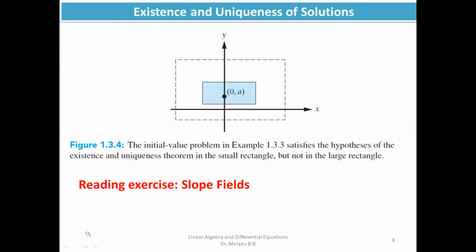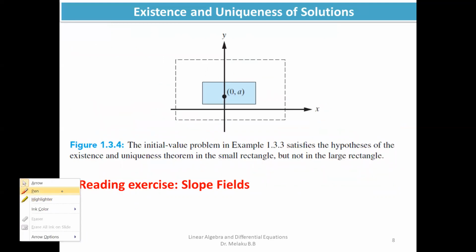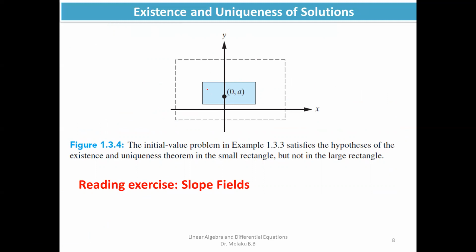Like this. Just like here we have two rectangles. One is a small rectangle that doesn't contain the x-axis. This is the x-axis, or the y equal to 0 axis.